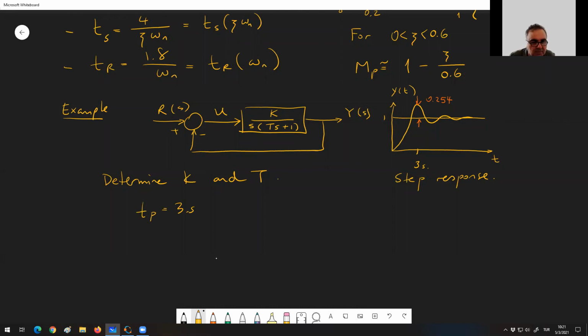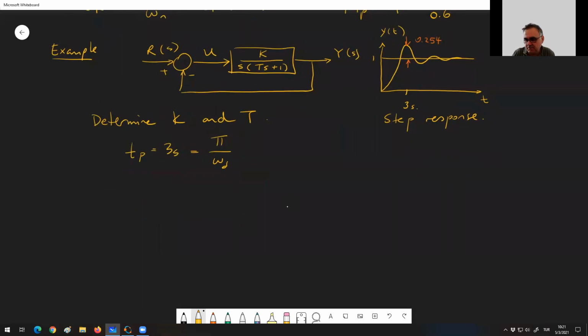3 seconds, which is equal to pi over omega d. But for this system, from the block diagram, if I reduce it to Y over R, it is going to be the following.